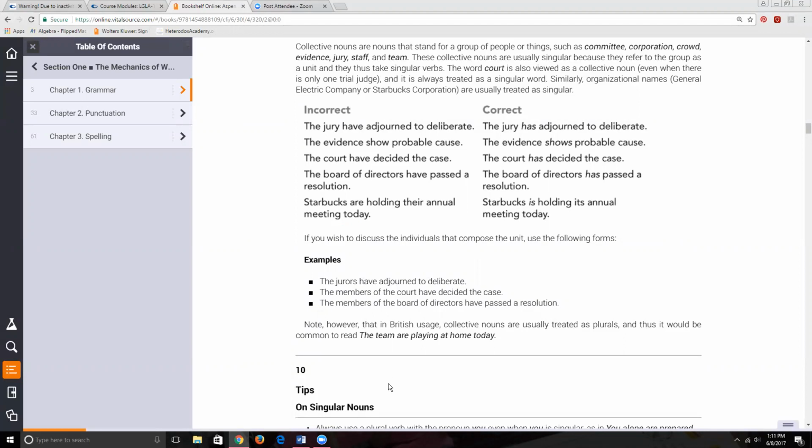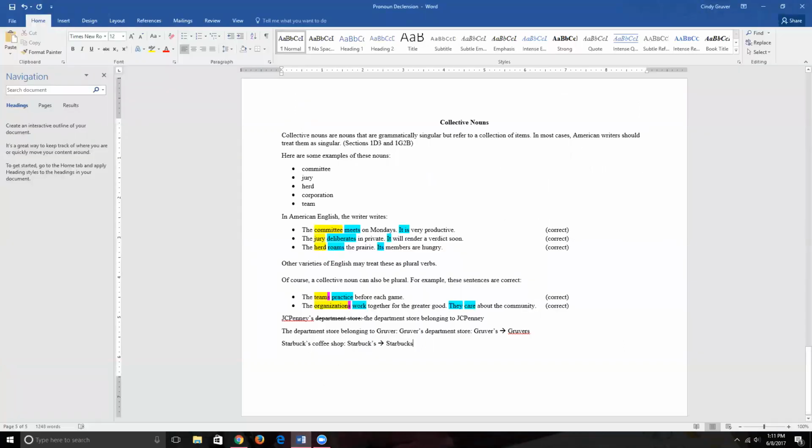Now, of course, if we were talking about, you know, I sometimes go to the Starbucks in Plano and sometimes to the Starbucks in Frisco. I go to both Starbucks. The Starbucks make tasty coffee.